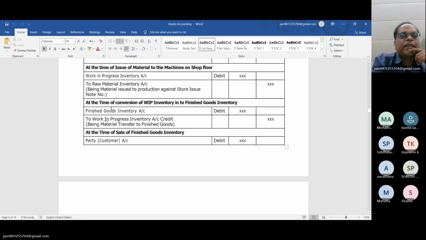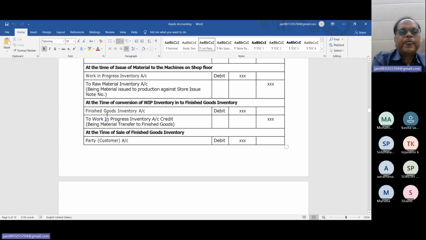Third, at the time of conversion of WIP into the finished goods, the finished goods account debit to WIP. Whenever we purchase the raw material, so raw material to party. Whenever raw material is converted into WIP, so WIP to raw material. Whenever WIP is converted into finished goods, the entry is finished goods to WIP.